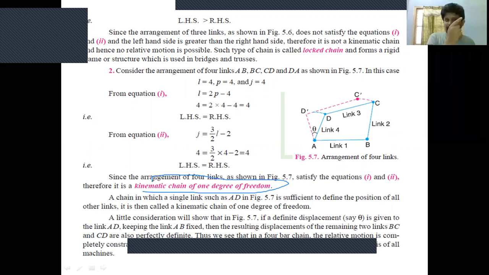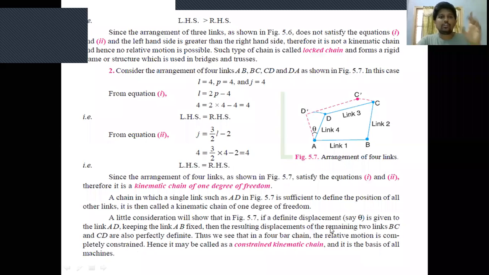If my fingertip is a machine and it is moving like this, it is moving only in one direction. So how many parameters are required to define the motion? Only one, because it is moving only in a horizontal way. Now, degree of freedom is one. We need only one parameter to define the motion. If it is two, we need two parameters, x and y. If it is three, we need to define x, y, z, three parameters. That is what degree of freedom is. So, if LHS is equal to RHS, degree of freedom is 1.